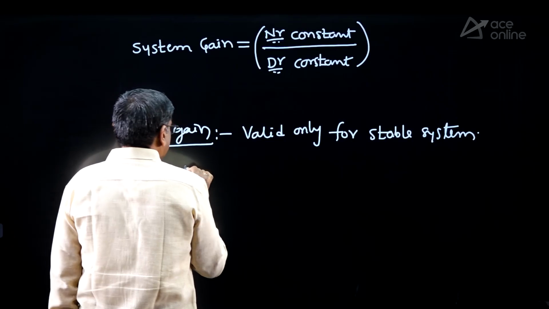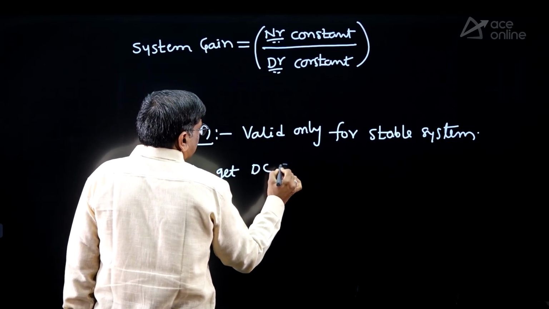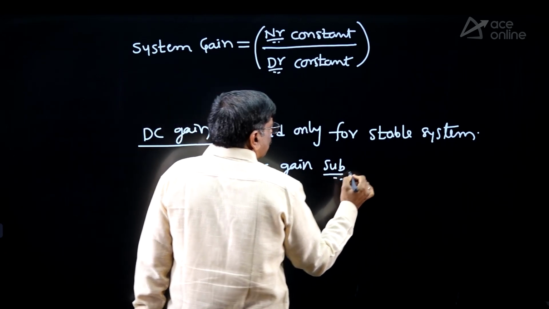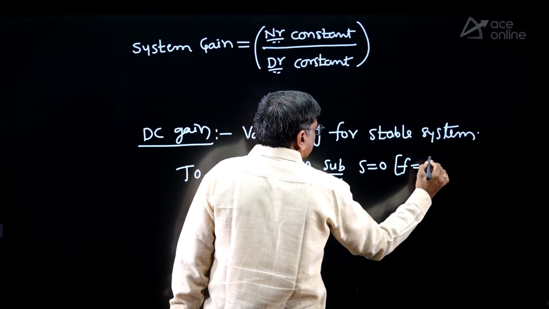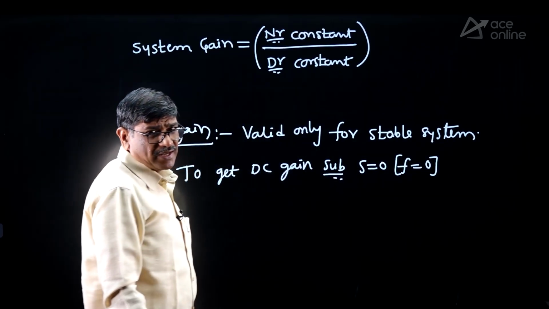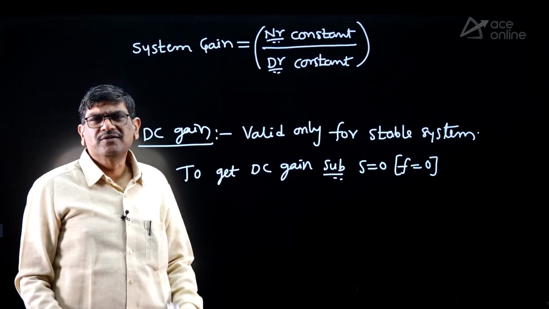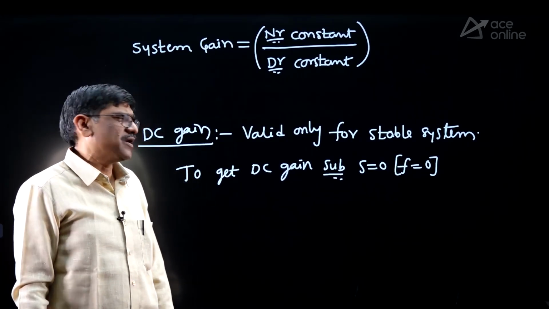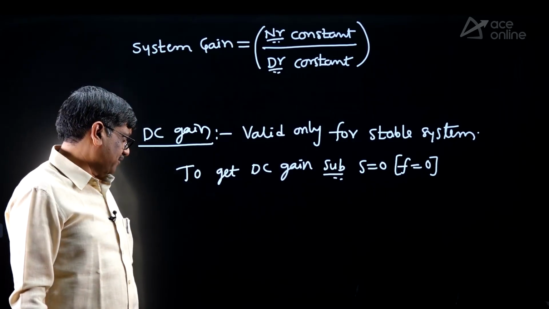To get DC gain, substitute S equal to 0, because DC frequency is 0. Then you will get the DC gain. DC gain is different. System gain is different. System gain means simply take numerator constant by denominator constant. DC gain means put S equal to 0. Okay? Right.